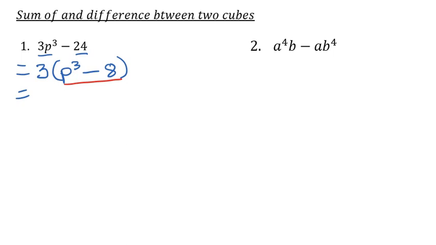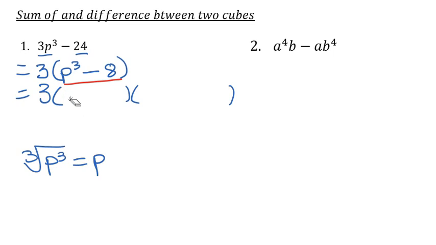So we continue factorizing. We will have 3 open brackets like this, and then you must have a binomial and a trinomial. If you apply the cube root, this is what you are going to have. You say the cube root of p cubed, which gives p, so you write p there.